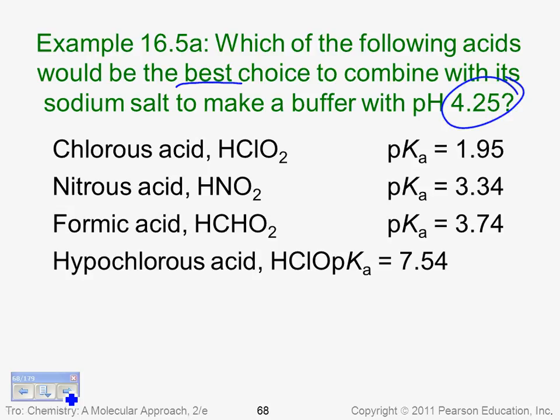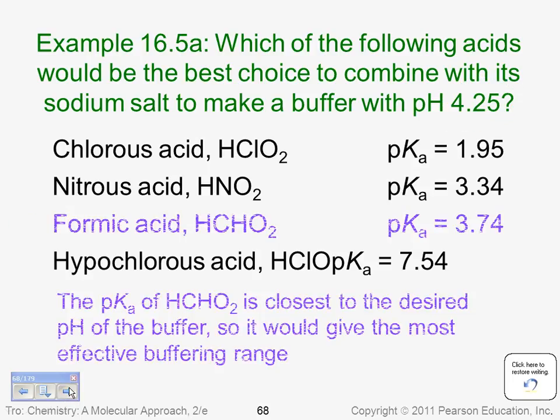So which one do you want to use? That would be my choice, formic acid. It's not 4.25, but out of those 4 choices, it's the closest one.